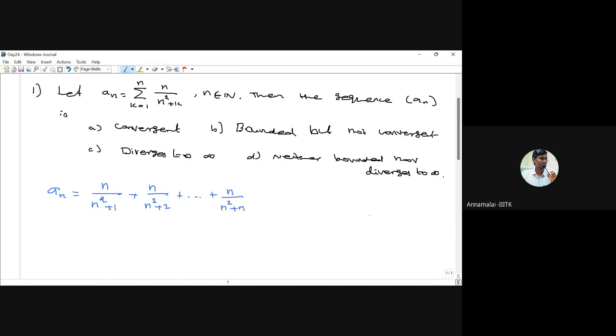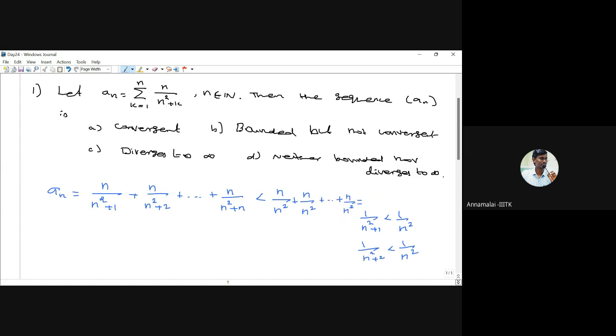We know that 1 by n square plus 1 is always less than 1 by n square, because 1 by n square is bigger than 1 by n square plus 1. Again, 1 by n square plus 2 is also less than 1 by n square. Therefore the first term is less than n by n square, the second term is less than n by n square, and so on, the last term n by n square.